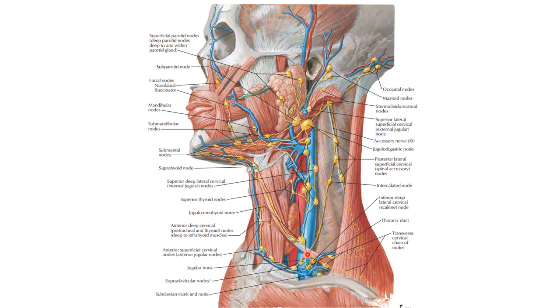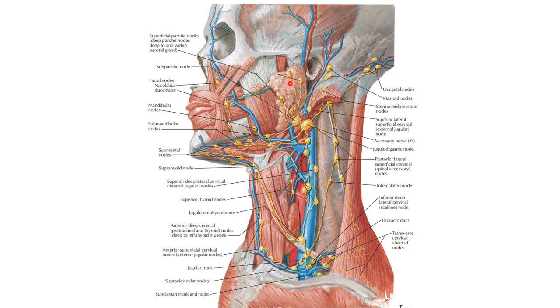So, based on this picture also, you will appreciate that there are superficial parotid nodes, you have mastoid nodes, and occipital nodes.